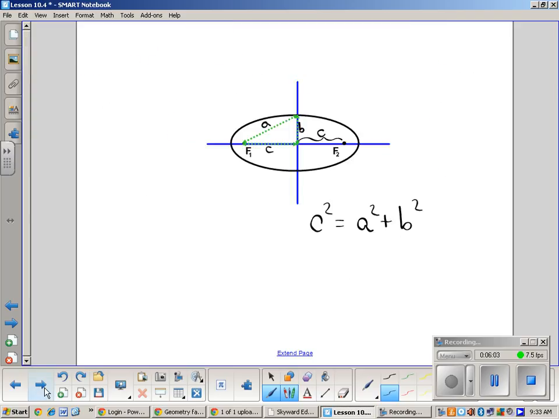We have the value of C. C is the distance from the center to the, well, that's why that looks.